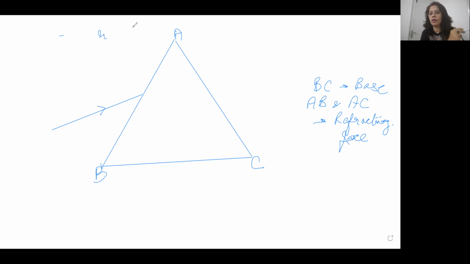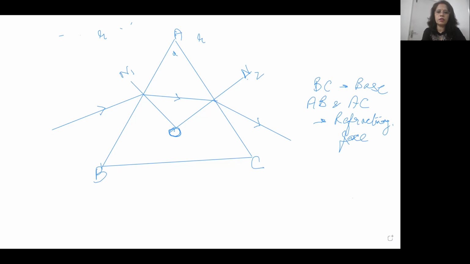Now, let us name the point where these two normals meet. Let us name this O. So I hope the diagram is clear. Now, if the incident ray would not have bent, then it would have gone straight. That means it would have gone like this.